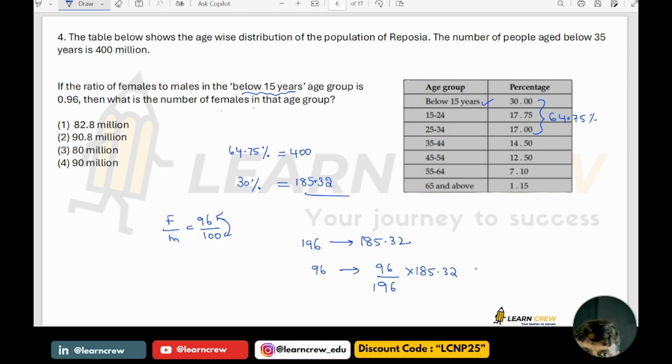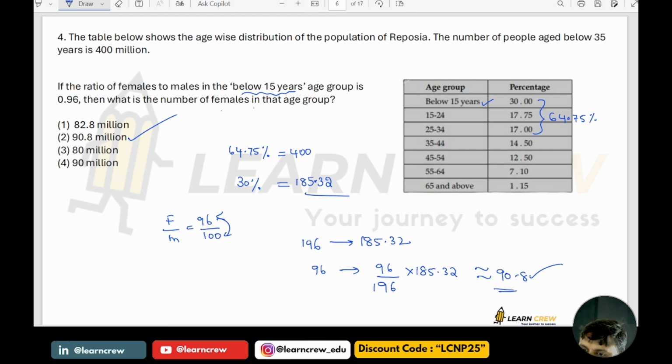If you simplify this, it's very close to 90. So where is the answer? We have 90.8 million, more than 90. Right. So the answer is 90.8 million here.